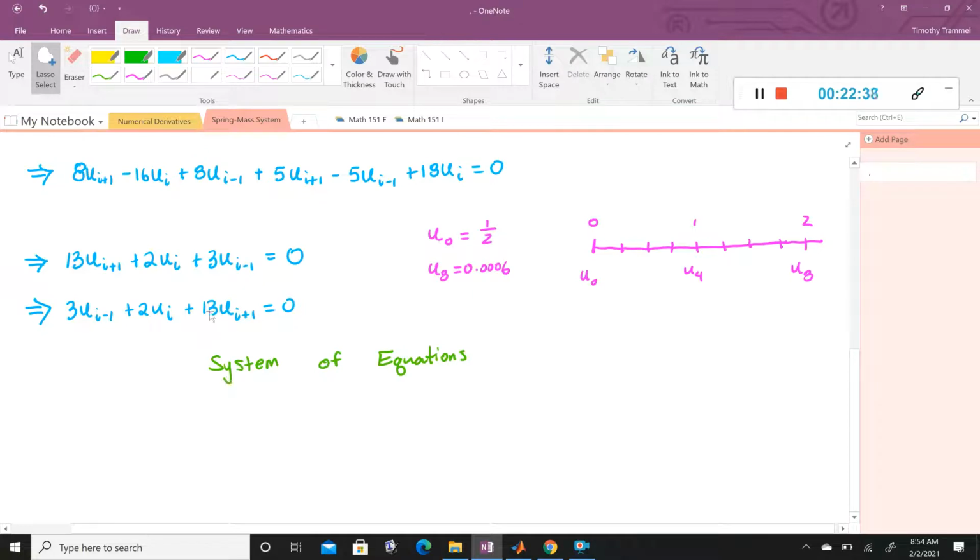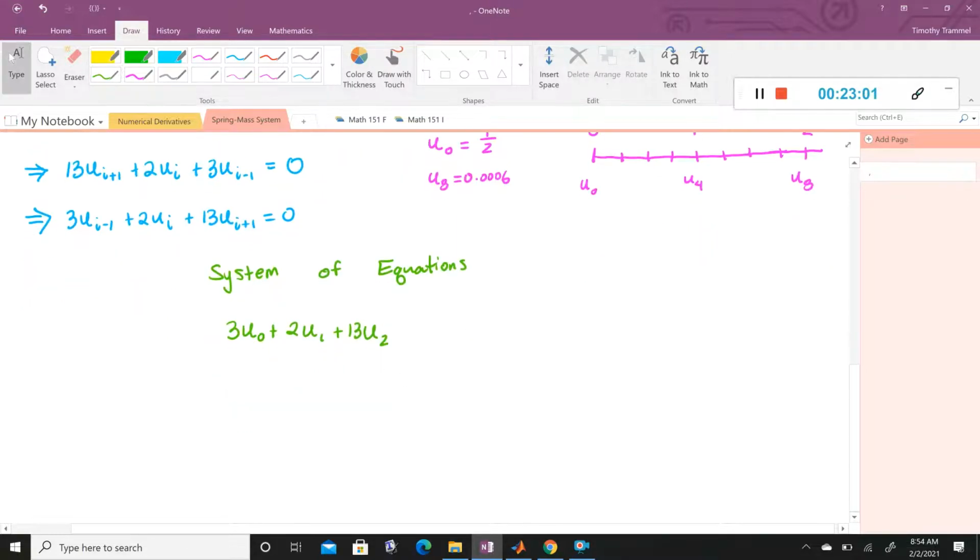So if we were to write our first equation, this should be 3 u naught plus 2 u1 plus 13 u2, all equal to 0.